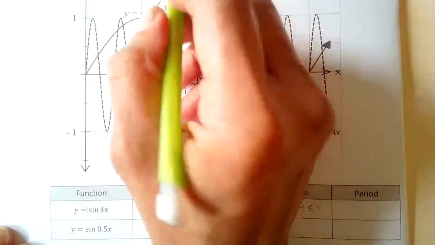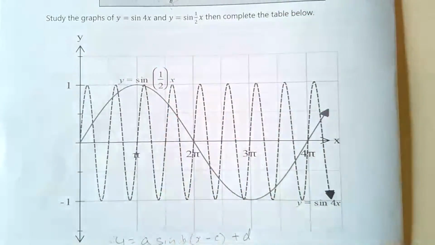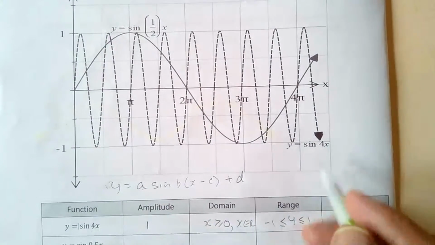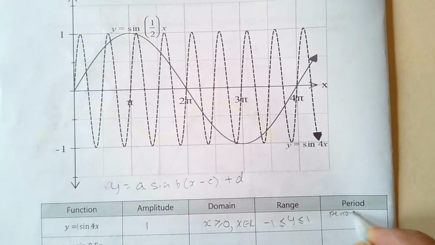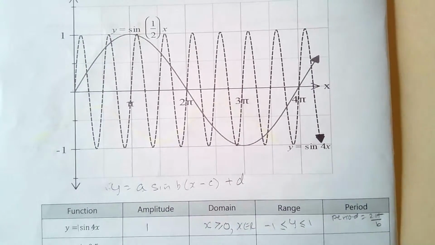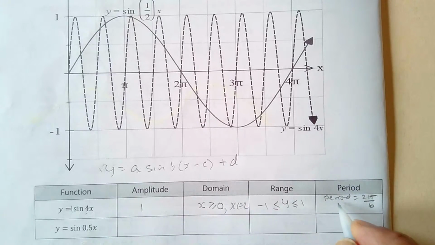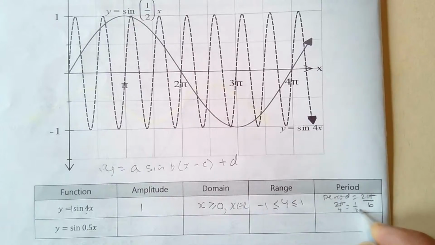The period, if you look at our formula, is 2 pi over b, right? So we'll use the formula here. So the period is 2 pi over b. Now b is equal to 4. So this will be 2 pi over 4, which is half a pi.